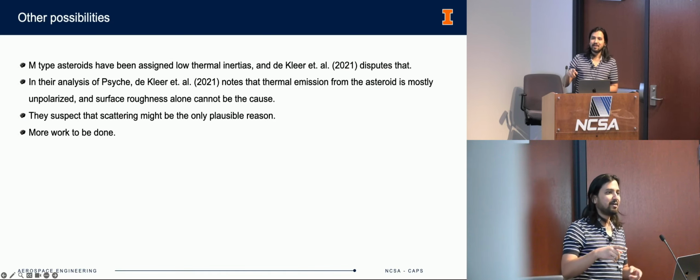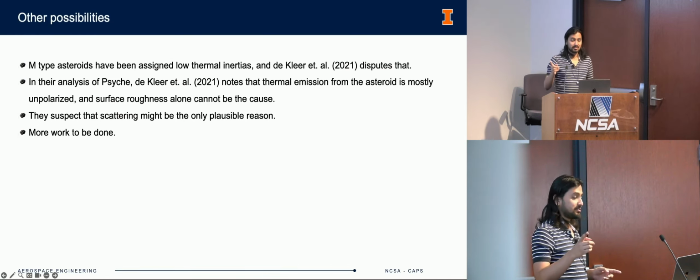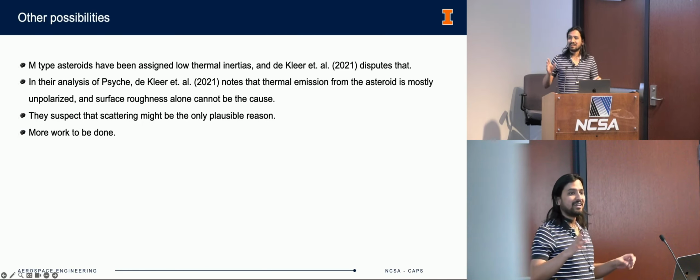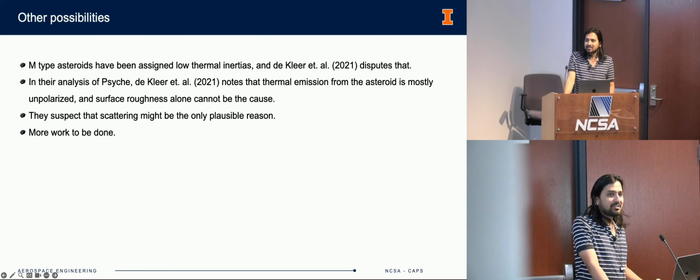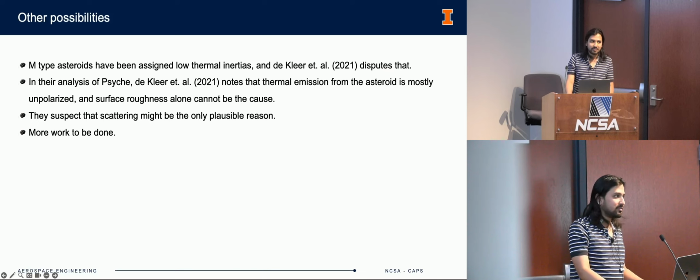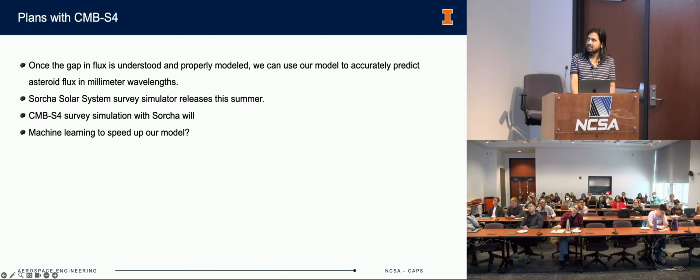Then we went back to maybe subsurface temperature is causing it, but then people are again back to probably scattering. Now, with our model, we see that the subsurface temperature dip is not the only reason. So again, we are going to look at whether scattering is the culprit here. But there is more work to be done to properly understand what is causing that.